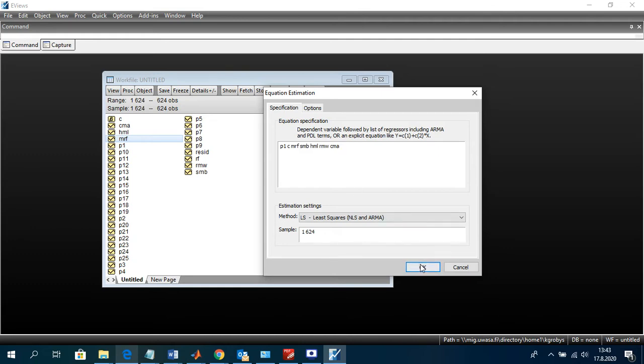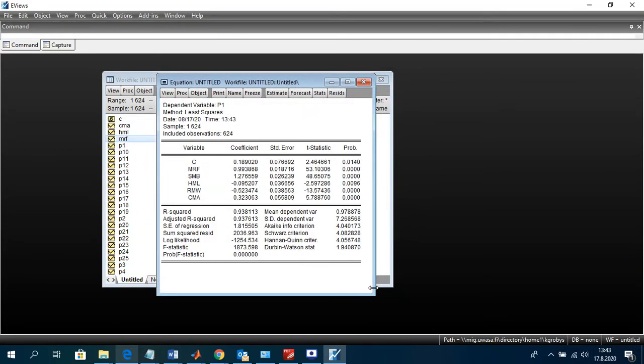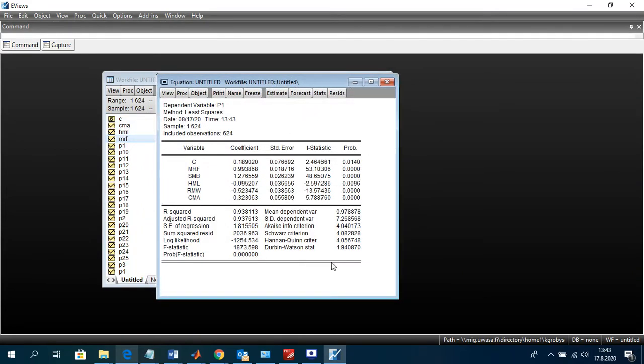Now we press the OK button, and EViews spits out the corresponding regression model, the point estimates of the regression model, as well as other different statistics. So what we learn from this table is, the intercept, which is denoted here as C, the point estimate is 0.18, which means that 0.18% per month cannot be explained by the exposures against these 5 risk factors.